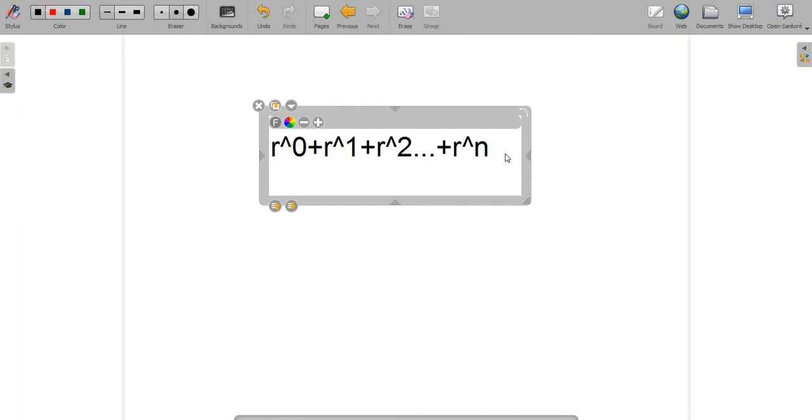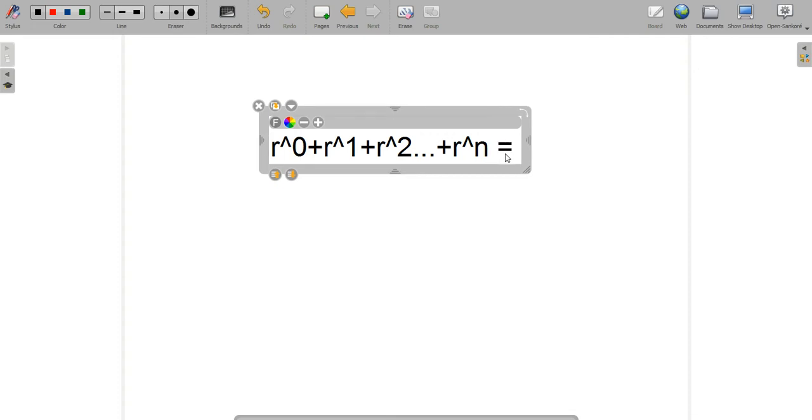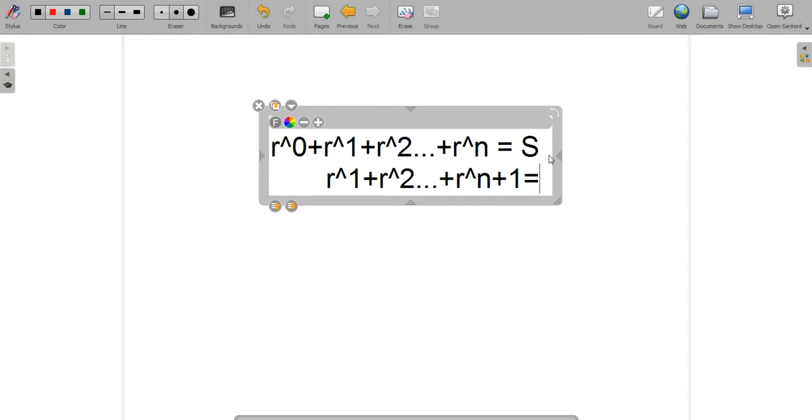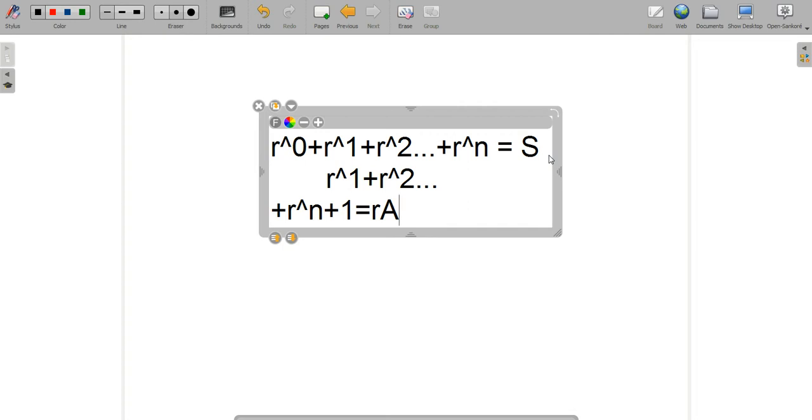Okay, so this will also be a sum, right? So now, if you actually multiply times r, you get r raised to the 1 plus r raised to the 2 dot dot dot plus r raised to the n plus 1. Because remember, multiplying everything by r, so you get rs.